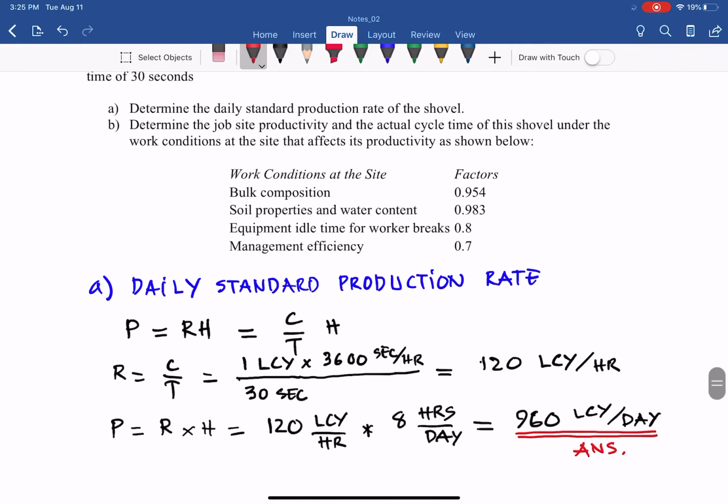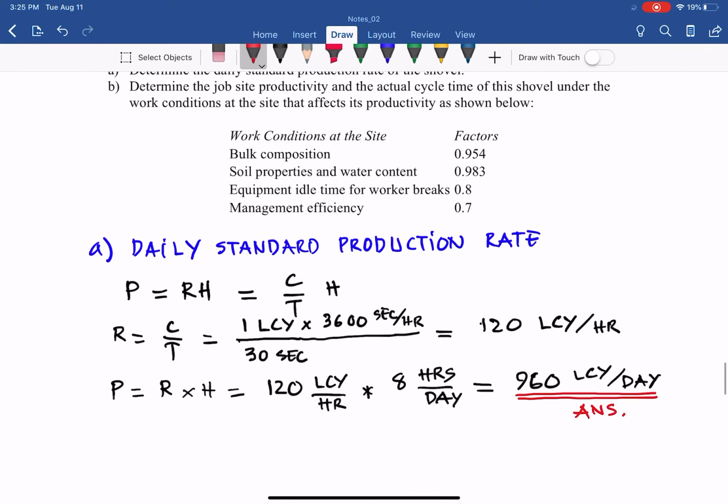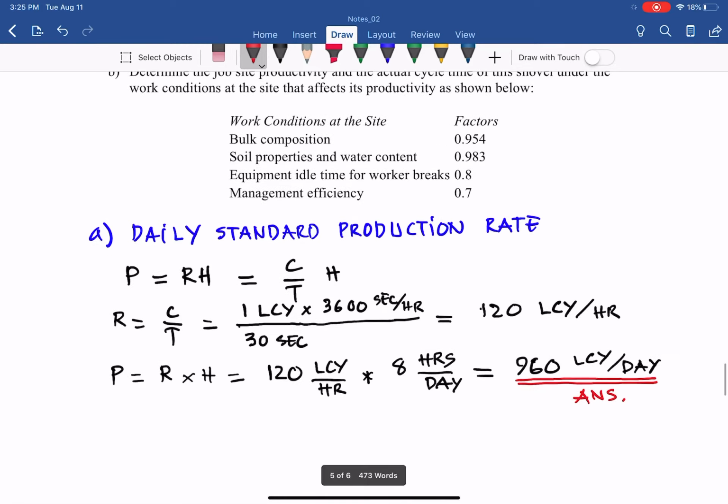Now the question asks for the job site productivity, which is the actual productivity, and the actual cycle time, because it may be slower than the standard cycle time. With factors, for example, bank composition, soil property and water content different from the standard, we have to adjust. Equipment idle time from worker practice is lower than standard, so it adjusts. Efficiency is also lower compared to standard in terms of management, supervision, etc. So we have to adjust it.